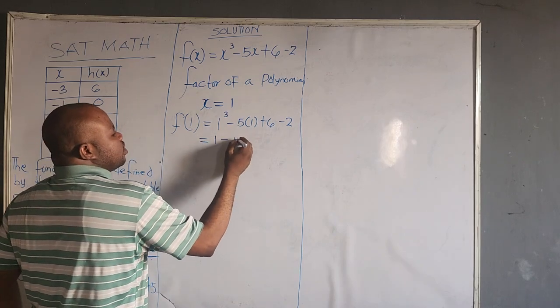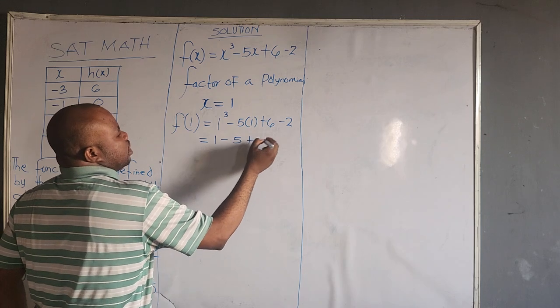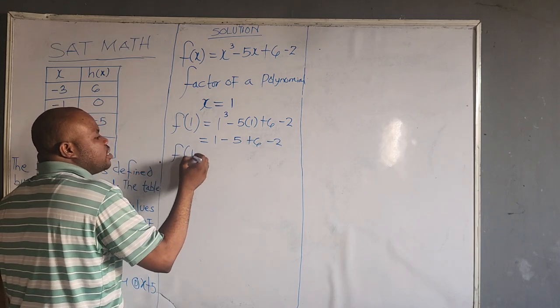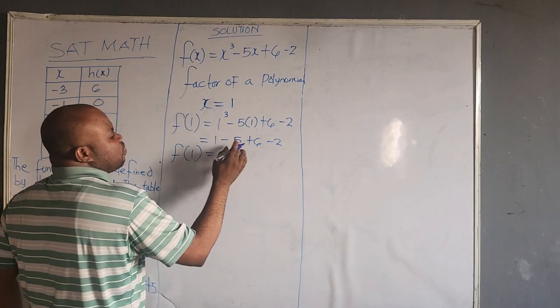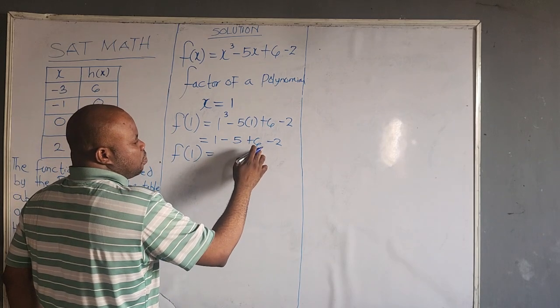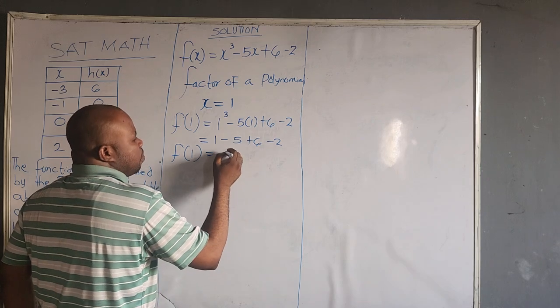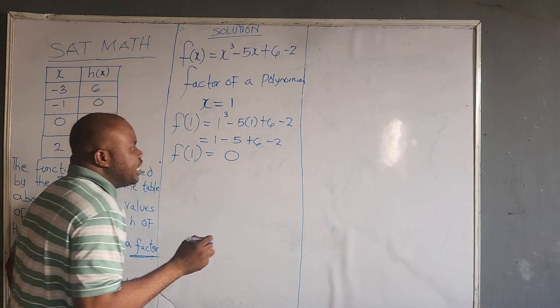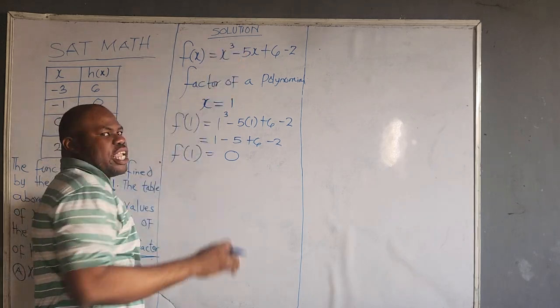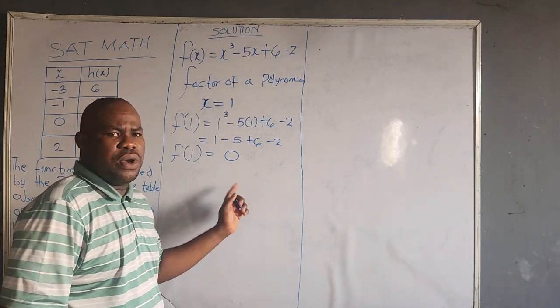Minus 5 times 1, this is minus 5. Plus 6 minus 2. So you can see here that f of 1: 1 minus 5 is minus 4, minus 4 plus 6 is plus 2, plus 2 minus 2 gives me 0. So now we can see when I substitute the value of x equals 1 into this polynomial, it reduces the polynomial to 0.